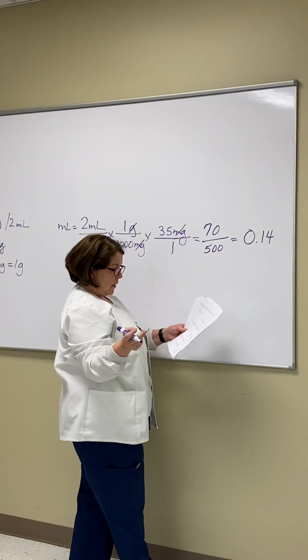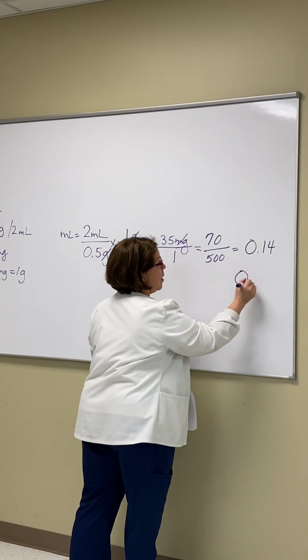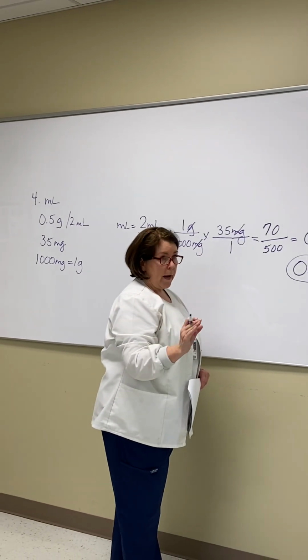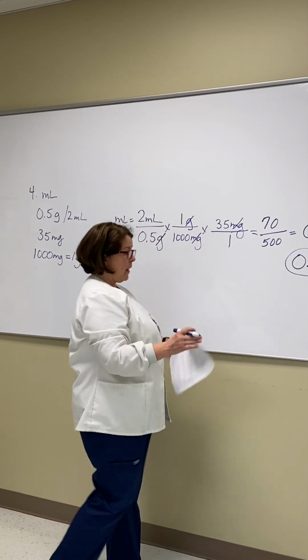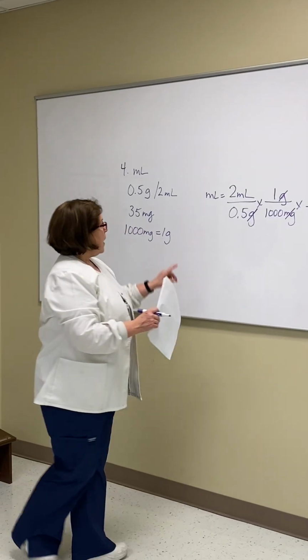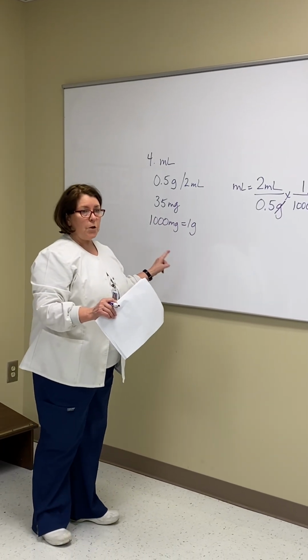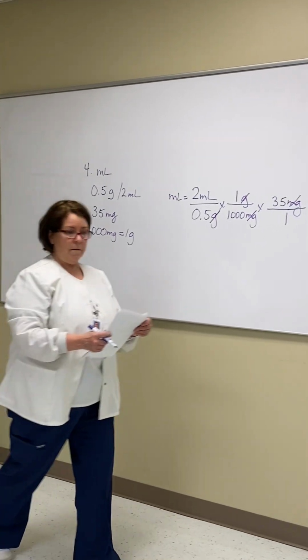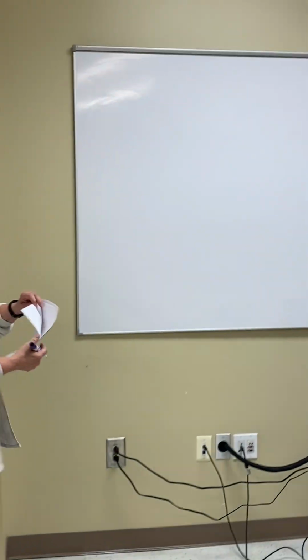We have to round to the nearest tenth, so it's 0.1. Always make sure you know how to round. So review that if you need to. But in this problem, which makes it different, you needed to know the conversion for grams to milligrams. Let's move on to number 5.